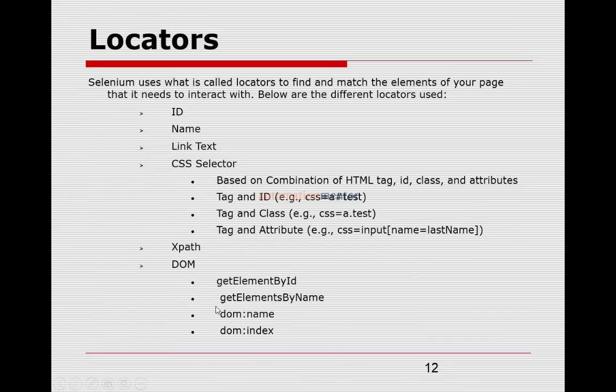We'll be using methods called getElementById or getElementsByName, and even we can use the name of that particular object or the index value of that particular object located on the document or the page. So these are the major or important ways of identifying the objects on a web page.